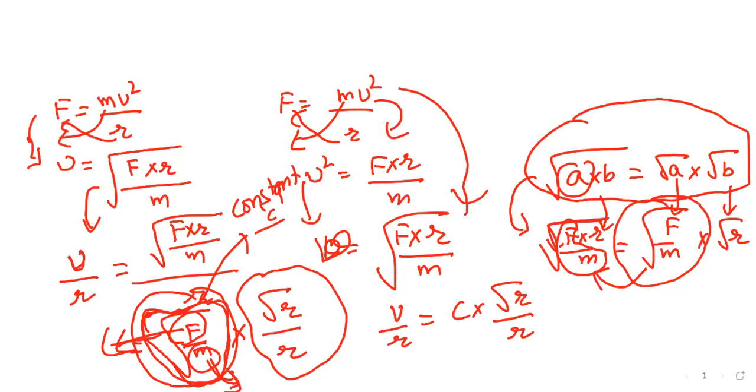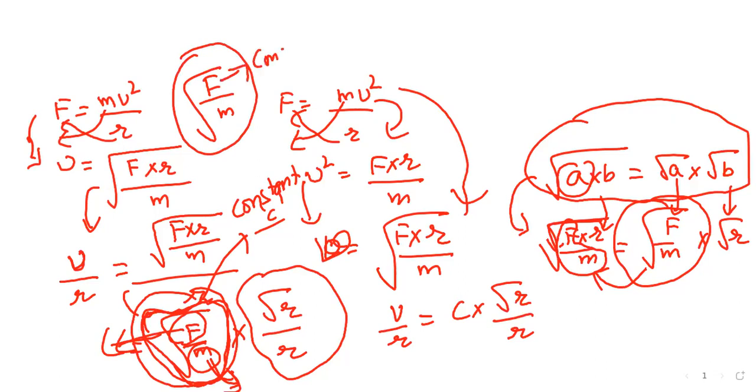Could you explain how you got that again? Did you understand how we got up till this point? The square root of F over m times the square root of r over r. What I'm trying to say is that I'm assuming the square root of F over m is nothing but a constant, because F is a constant and m is also a constant.